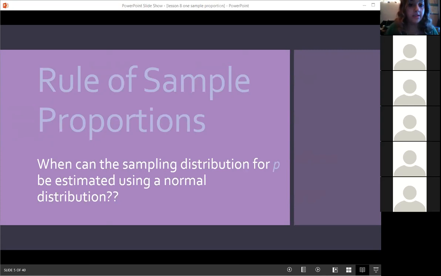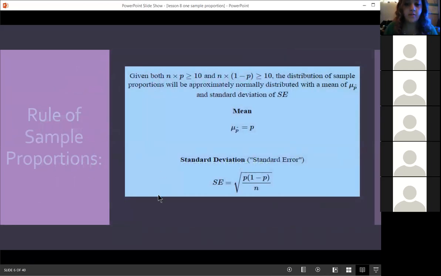So let's go more in depth with it. This is the rule of sample proportions. You have to meet both of these criteria in order to approximate your distribution with a normal distribution. We have to have n times p greater than or equal to 10, and n times 1 minus p also has to be greater than or equal to 10.